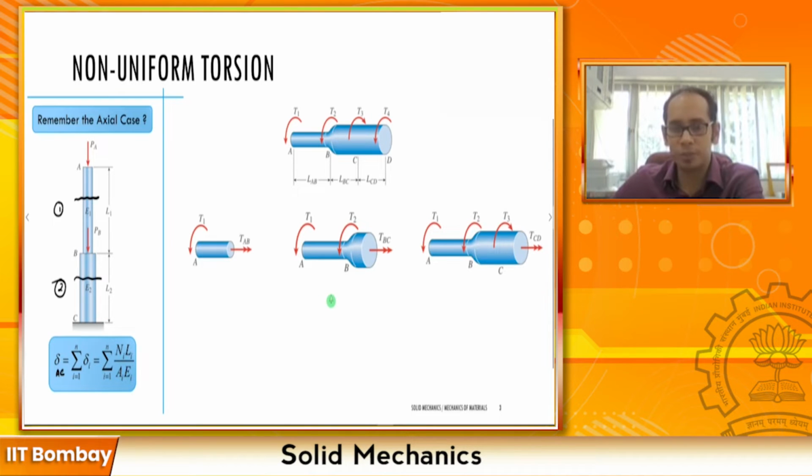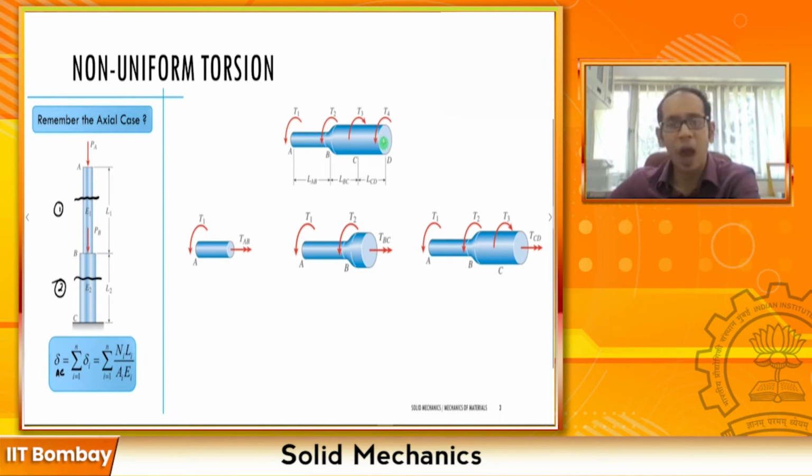Now come to the torsion problem and see analogically how much it is going to help you. This is a non-uniform torsion problem. You have different torques acting at different points on this shaft, A, B, C, D. This shaft has a circular section and another circular section with a higher cross-sectional area, so it is non-uniform from that perspective as well.